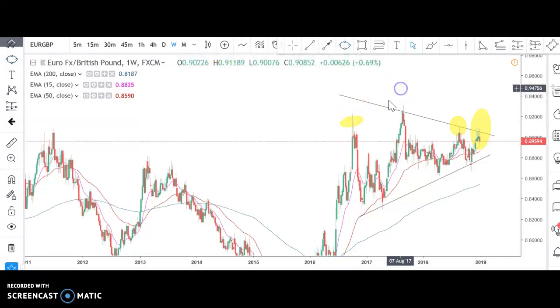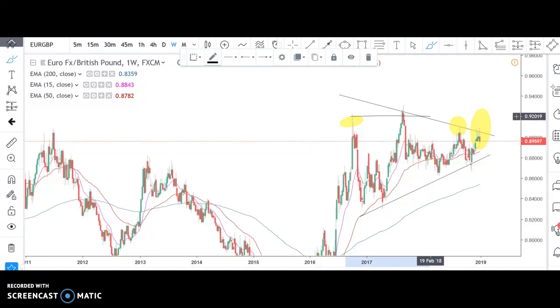So we can see 1, 2, 3, boom. Meaning price is met at all these points here.